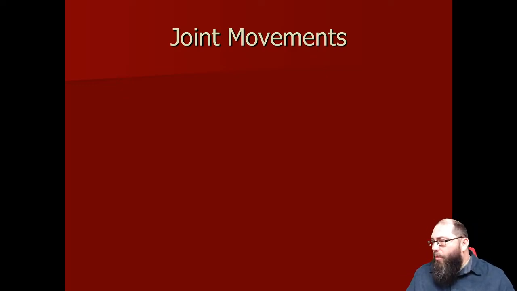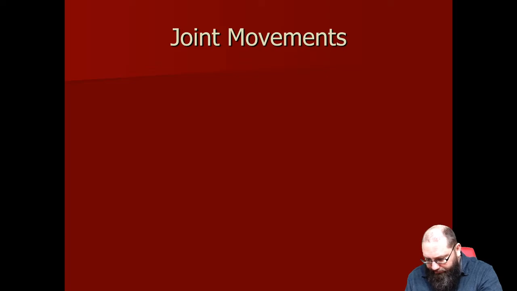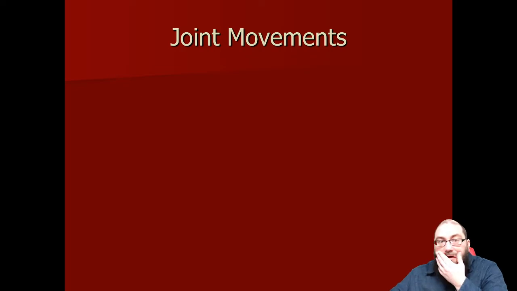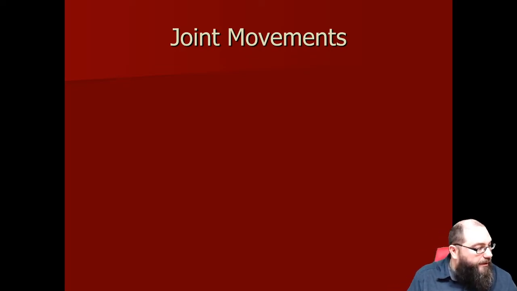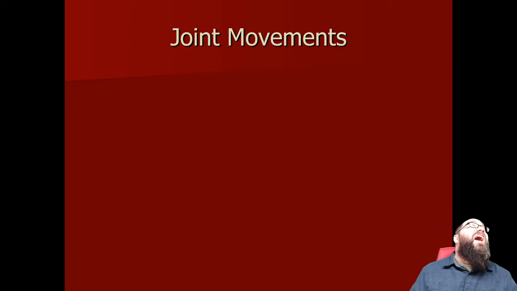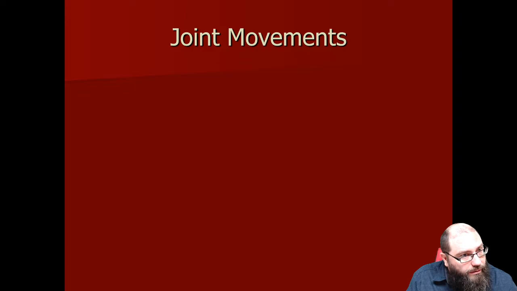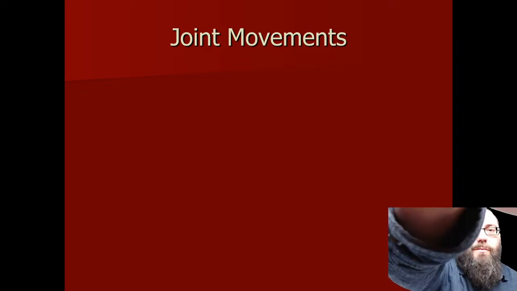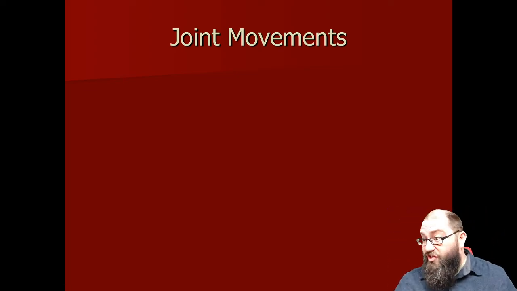Okay. Now we are on to joint movements. So, hold on a second. I got to get my Vanna White to come down here. Give me a moment. Hey, Mama-san! Okay, I'm gonna have to make some camera changes here a little bit, guys.